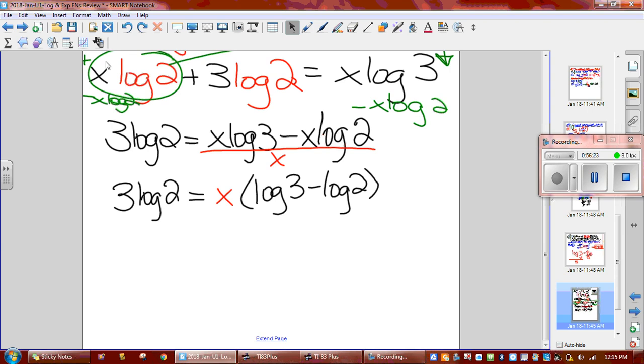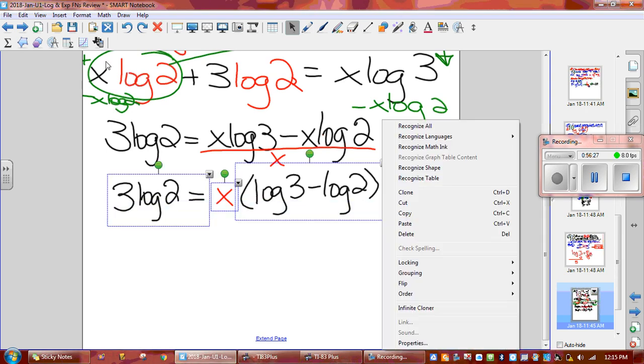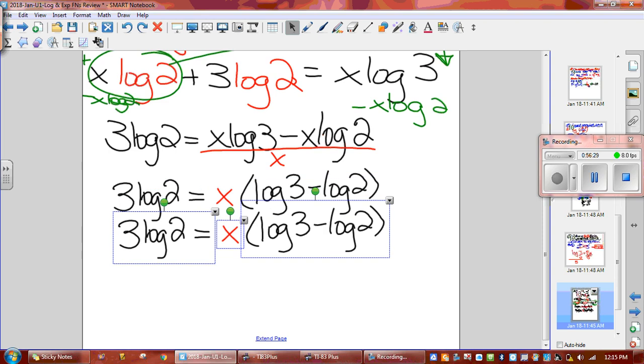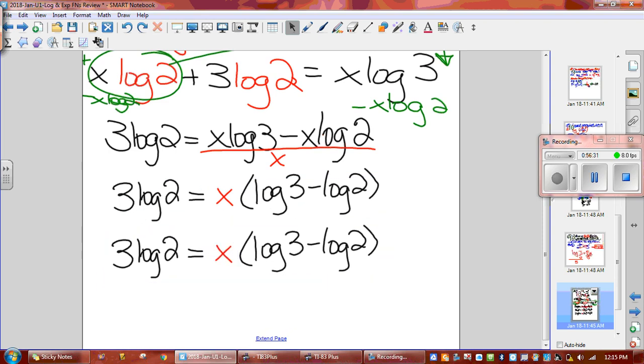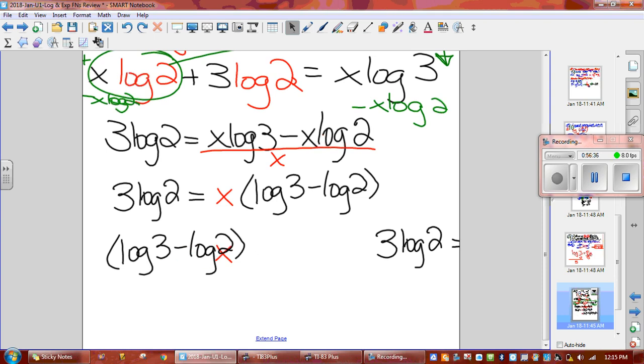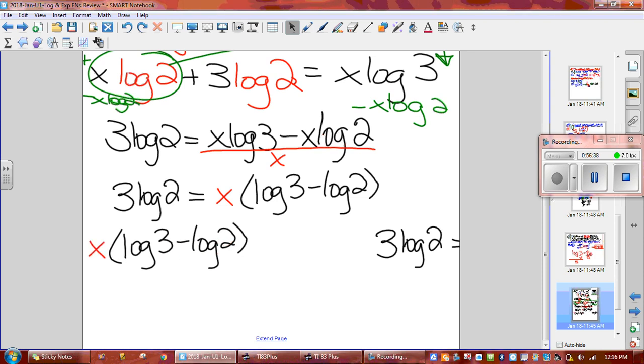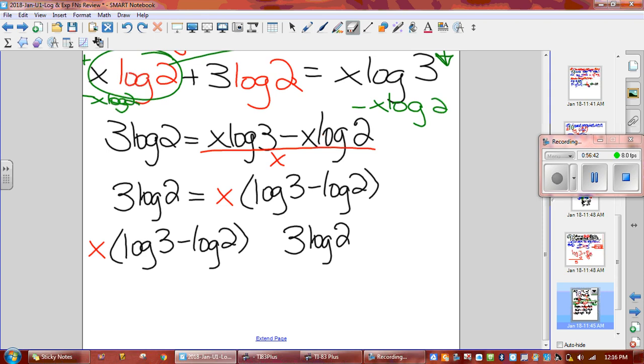So I like x on the left. So I'm just going to write it again and move things across. So I want this guy with the equal sign over there. So as long as I don't change anything, positive and negative signs stay the same. I just changed what side the equal sign are on.